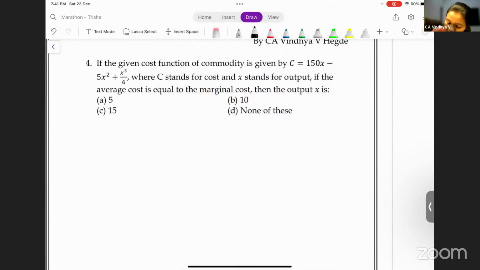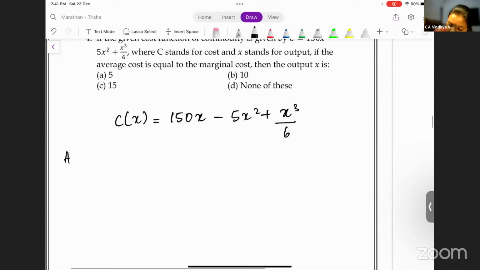The cost function is given as C of x is equal to 150x minus 5x square plus x cubed by 6. You have to find the value of x where marginal cost and average cost are equal to each other. Now, what is average cost? Average cost is cost function divided by x.